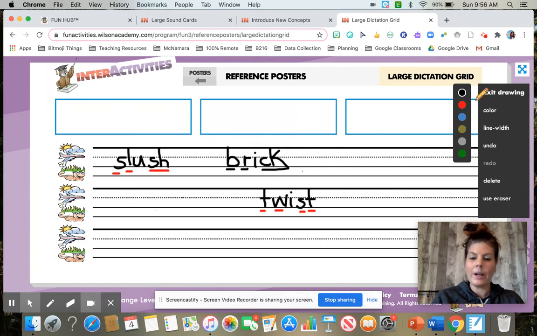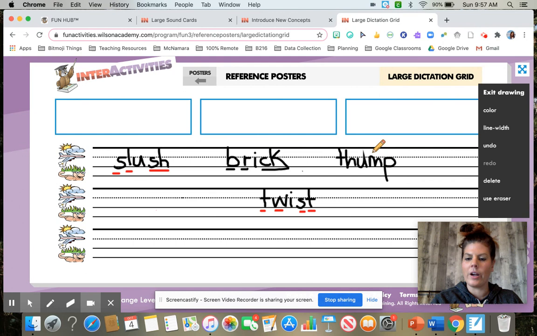And the last word we're going to build today is thump. I heard a loud thump outside. Thump. Here we go. Write this along with me. Thump.